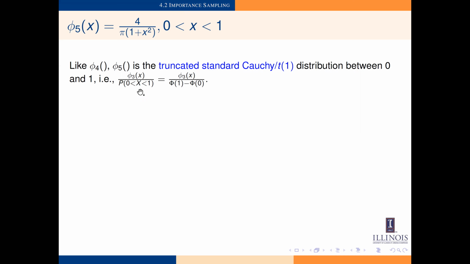So in this case, these are the CDFs for phi 3. Just like our last truncated exponential distribution, it has a few advantages. It has the same support as f, and it matches the denominator of f x times g x, which we are trying to evaluate.